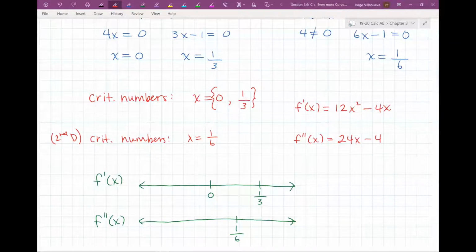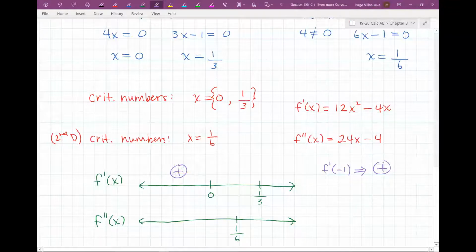So what happens if I plug in a -1 into my first derivative? So f prime of -1. What do I get for that? Positive or negative answer? Yeah, positive. So I'm going to put plus.